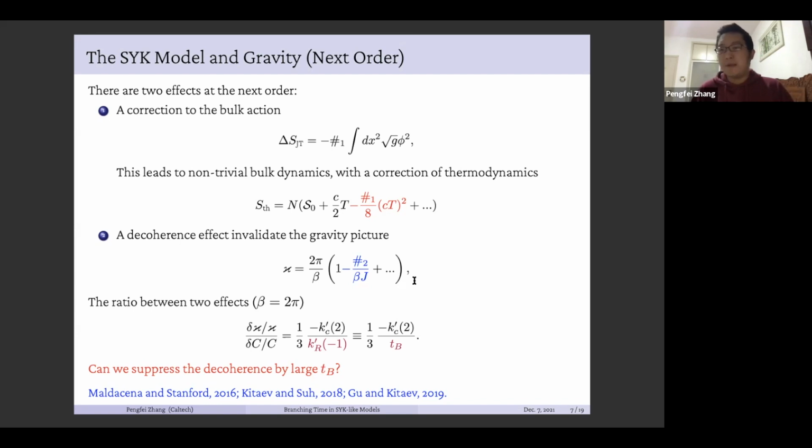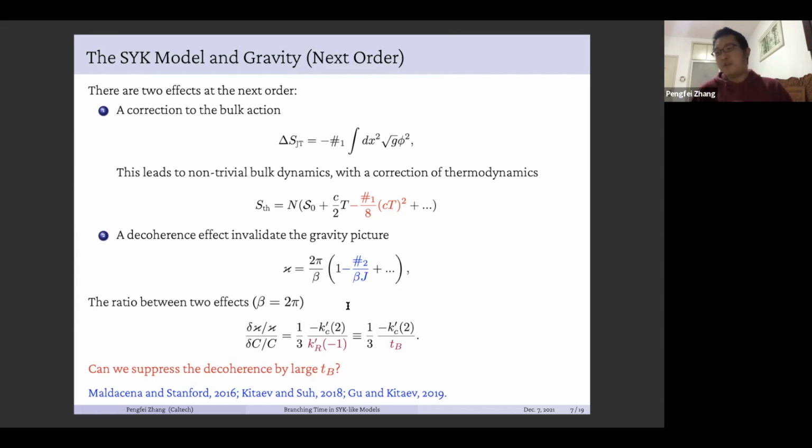So there should be some non-local bulk effect, which makes this Lyapunov exponent smaller. We can ask what is the ratio between these two different effects. Basically, we can take the ratio between the variation of the Lyapunov exponent over the variation of the specific heat.